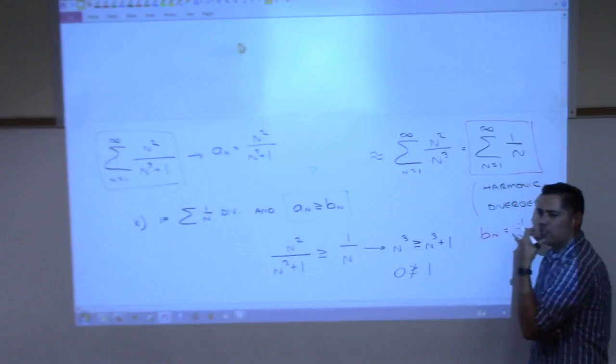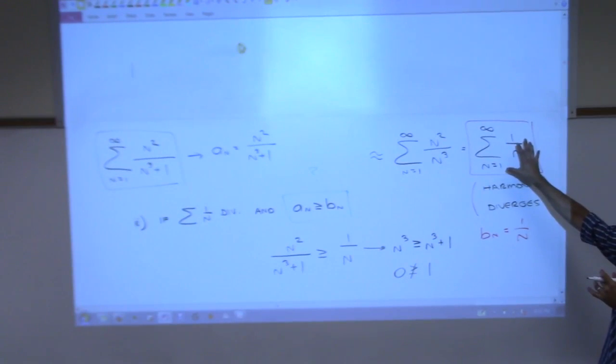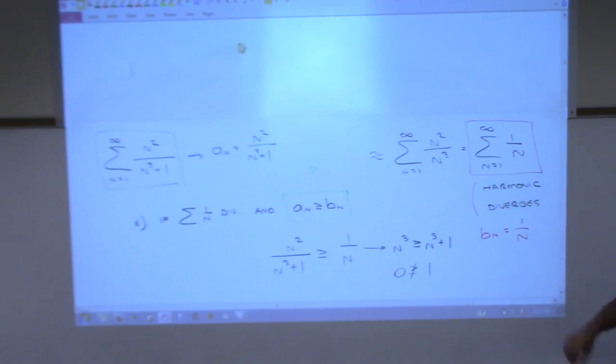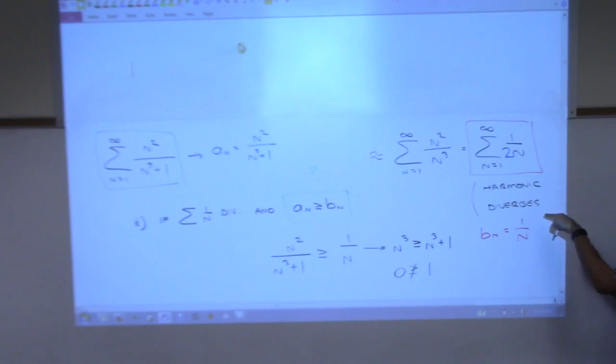So is there anything I could tweak, just a slight tweak, to my choice that would solve the issue we're having? 1 over 2n? Is that still harmonic? I like that. Let's try it. What if we do 1 over 2n? Is that still harmonic? Yes.